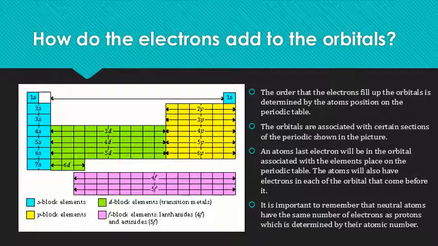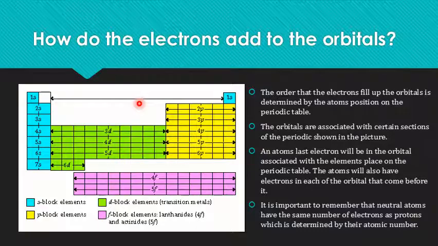I kind of think of electrons adding to their orbitals like writing an address or putting them into their homes. The order that the electrons are going to fill up their orbitals is determined by an atom's position on the periodic table.